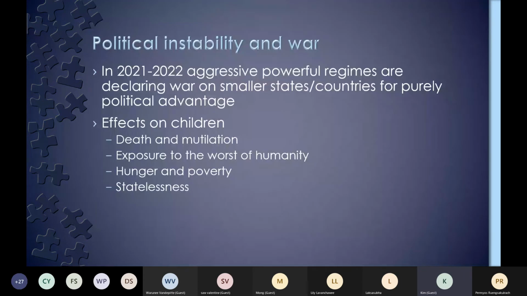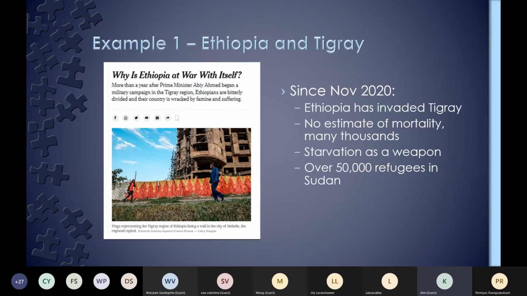So this is our modern world. We see aggressive, powerful regimes declaring war on smaller states or small countries for political advantage, and always the effects on children, immediate and long-term, are the worst. And it is extraordinary that we allow this to happen even in the modern era.